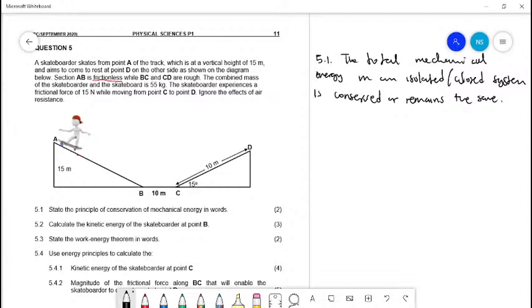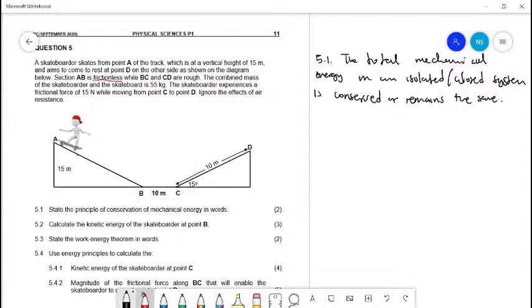So it is very important here to understand the words isolated and closed system, right? And I'm going to define them in terms of grade 12. This is not a proper definition for isolated or closed system. It only applies in grade 12 and especially in this chapter.